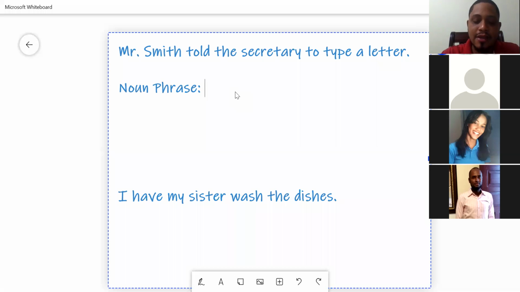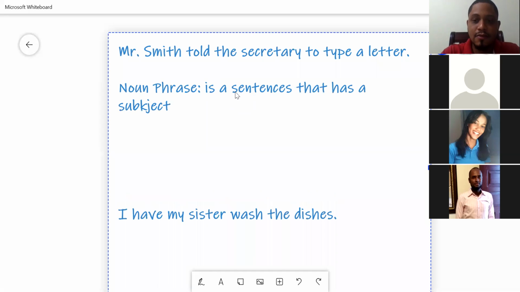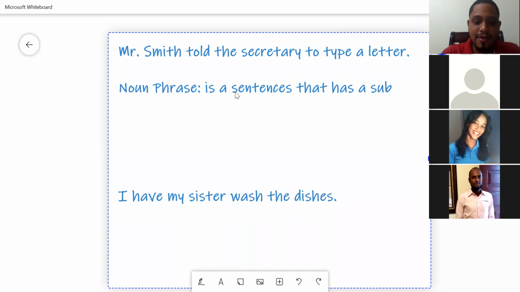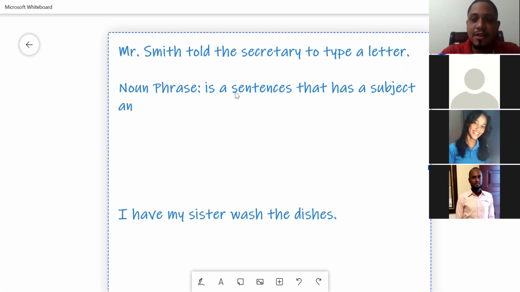Okay, so noun phrase. I'm going to give you a very easy definition so you guys don't get lost. A noun phrase is a sentence that has a subject and a noun. So that means there are going to be two names and you cannot get confused.